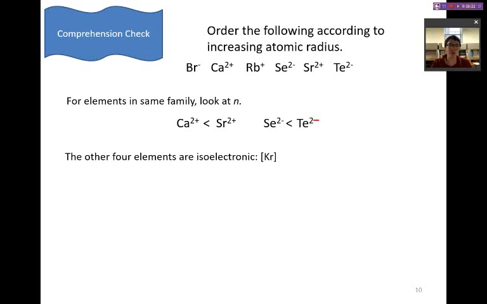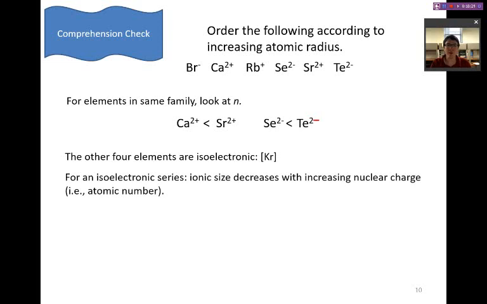Since they're isoelectronic, we can determine their relative sizes based on the nuclear charge, the atomic number. So let's look at the atomic number for the remaining 4 elements. Bromide has 35 protons, rubidium has 38 protons, selenium has 34, and strontium has 37.